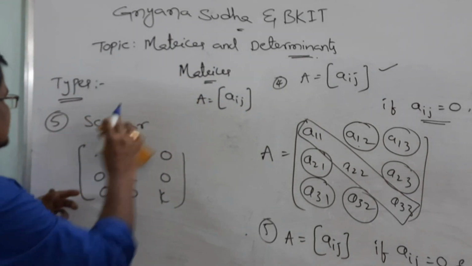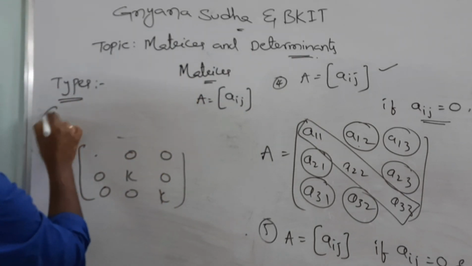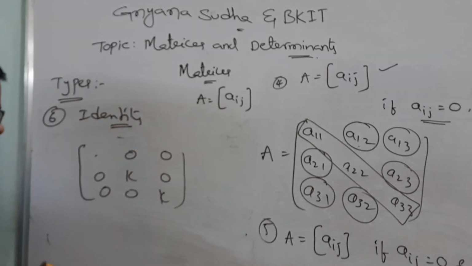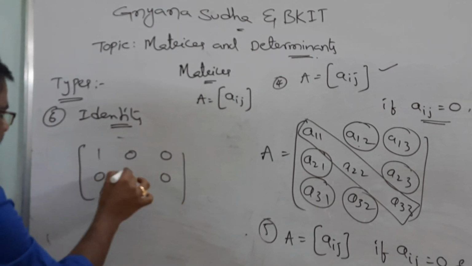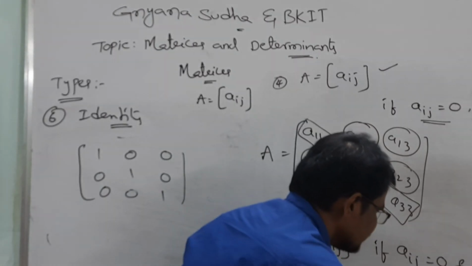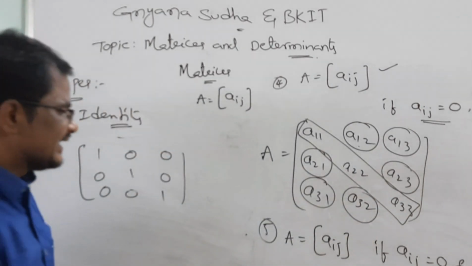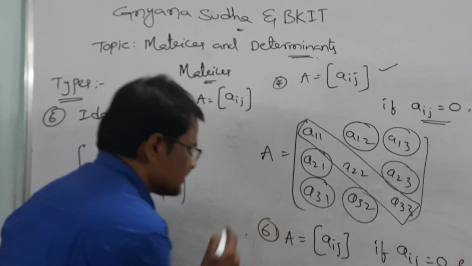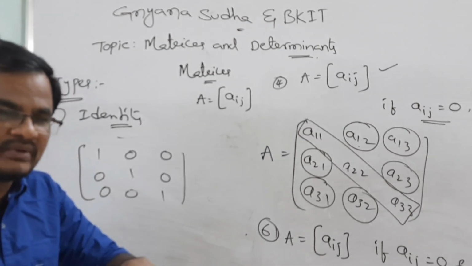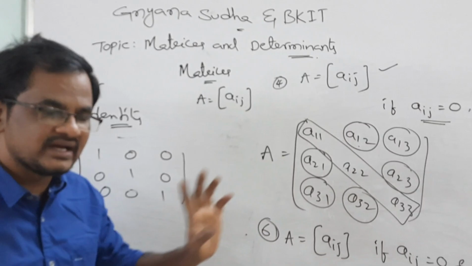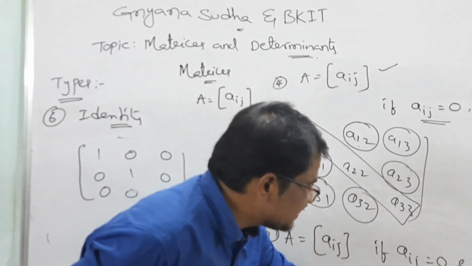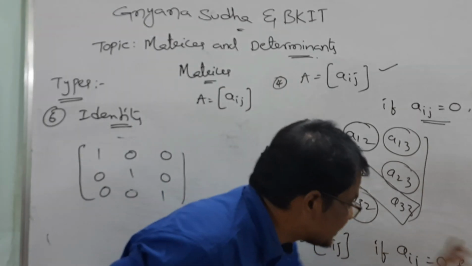And the identity matrix is the sixth one. Identity matrix: here 1 1 1, just take 1 on the diagonal, then it becomes the identity matrix. So what I am saying is, a square matrix is said to be the identity matrix or unit matrix if Aij equal to 0 for i not equal to j.